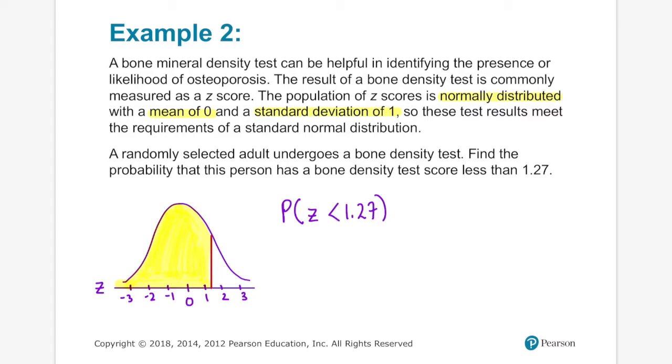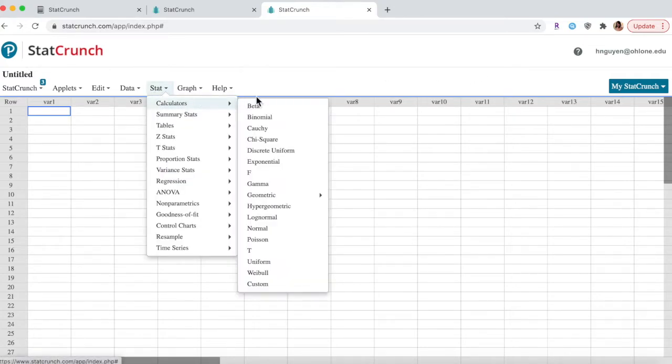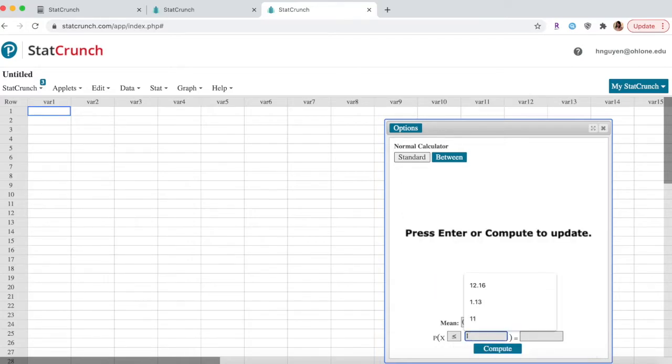I am going to use StatCrunch for this. To use the normal distribution calculator on StatCrunch, you're going to click on Stat, Calculators, and choose Normal. So in this problem, my mean is 0. My standard deviation is 1. I want my x to be less than 1.27.